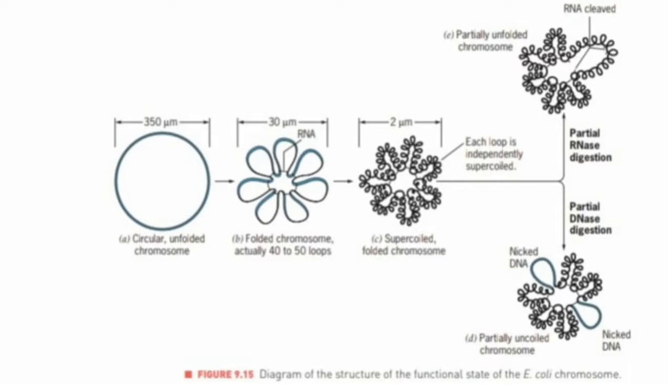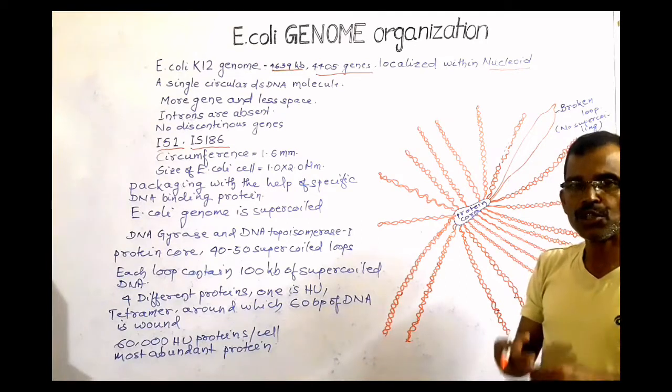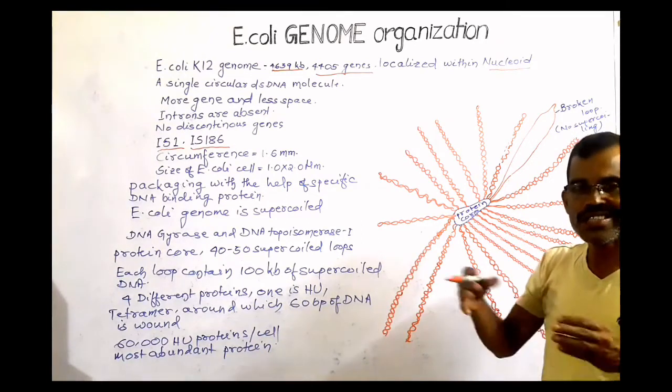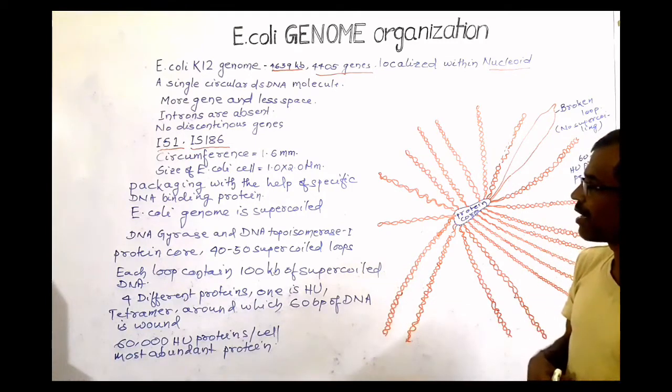The size of an E. coli cell is just 1.0 by 2.0 micrometer. So the genome of E. coli is packaged with the help of specific DNA binding protein so that the genome can be squeezed into a very tiny space inside the E. coli cell.